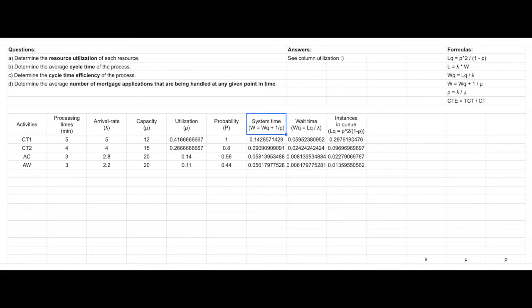Okay? So, let us determine how much cycle time each of the activities contributes. It is the product of its own system time times the probability it is actually executed.